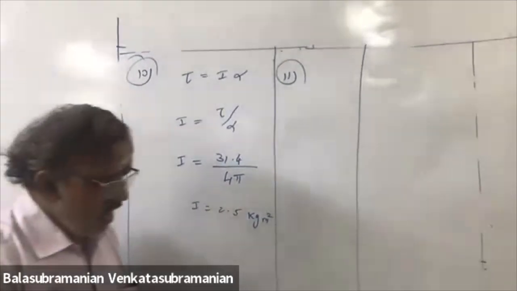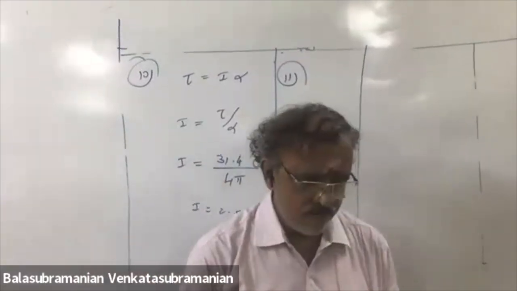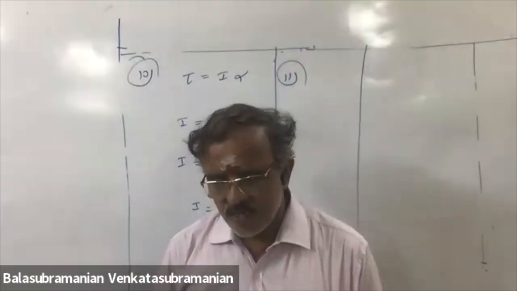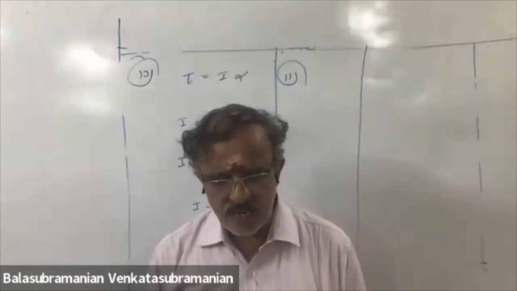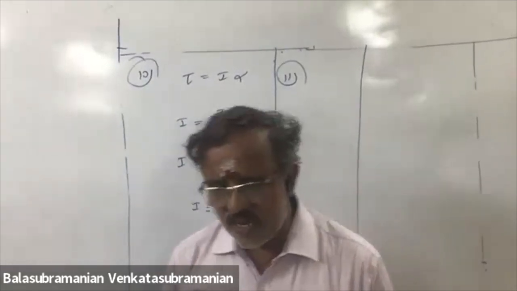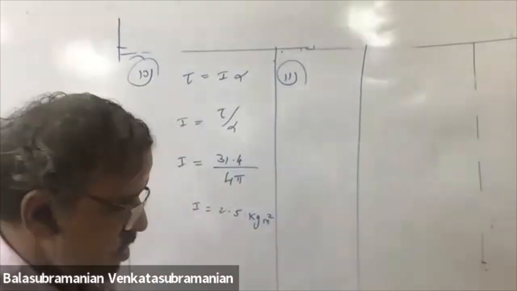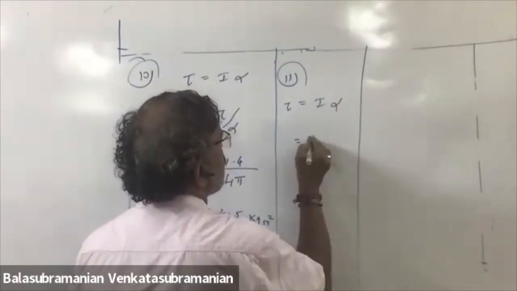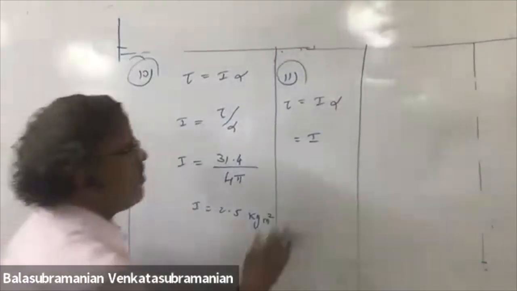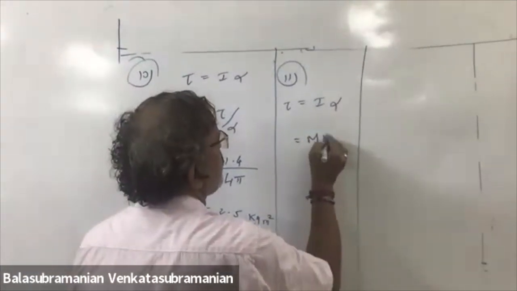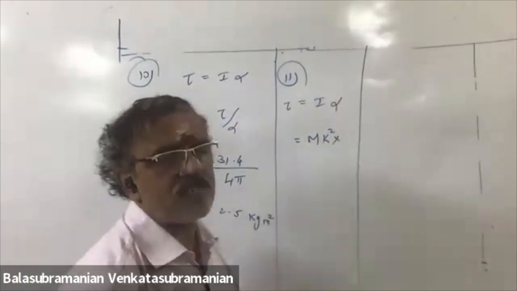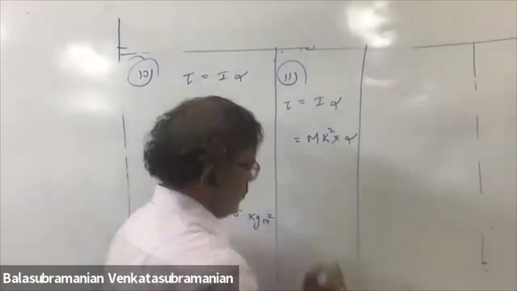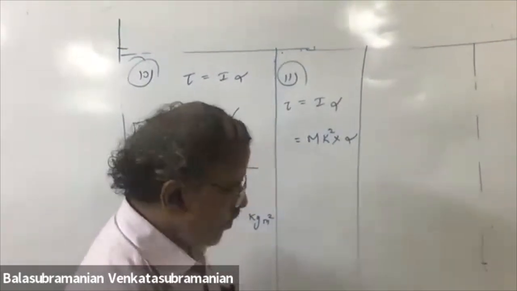Next, torque of 10 newton meter applied to a flywheel of mass 10 kilogram, radius of gyration 50 centimeter. What is the resulting angular acceleration? Tau is equal to I alpha. You know very well, I is m k square, the basic formula, where k is called radius of gyration. Alpha is to be calculated.